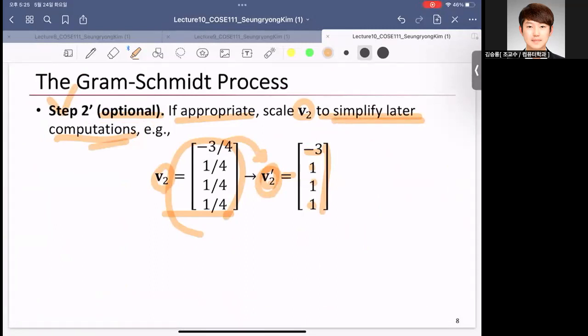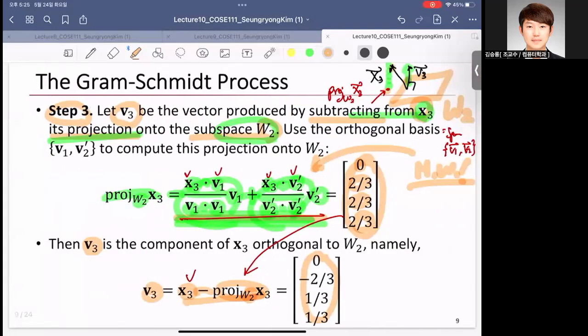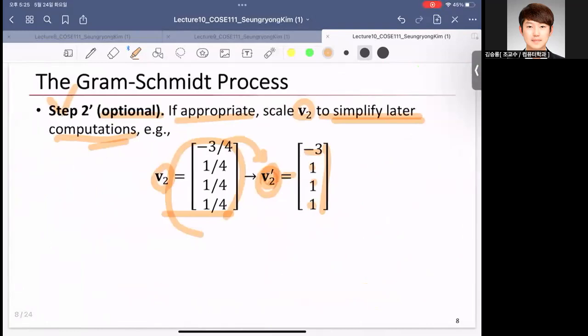But you can do the same thing using V2. Maybe then V3 may be different because we start from a different V2, since the orthogonal basis is not unique, right? So you can use V2, but we just use V2 prime to simplify the later computation. Okay.